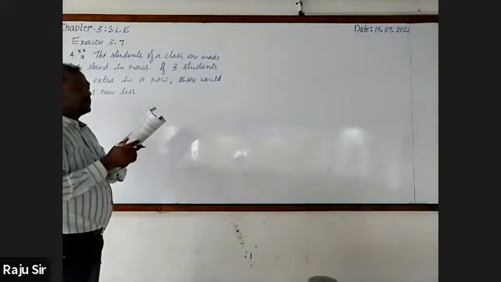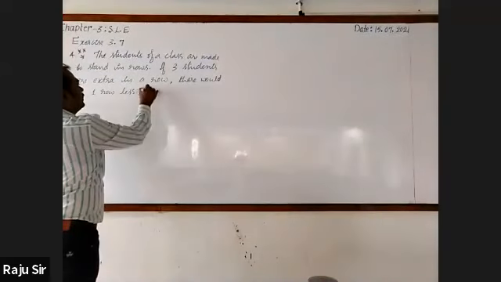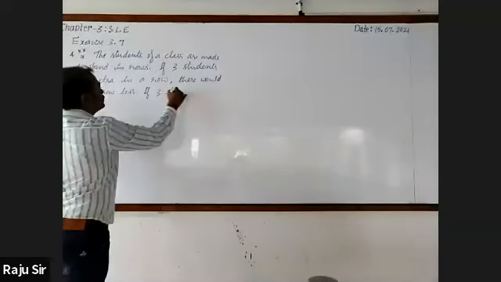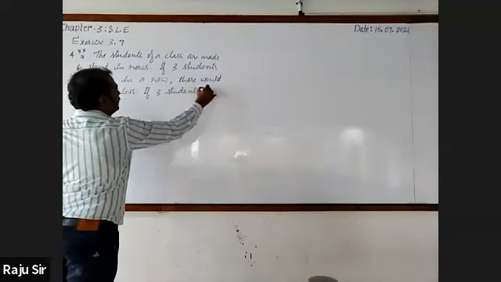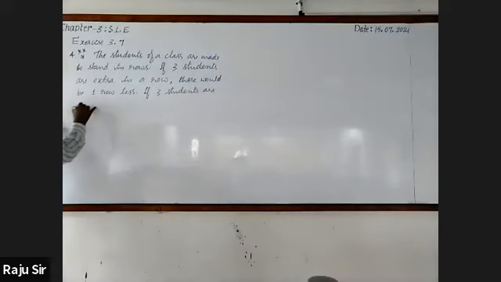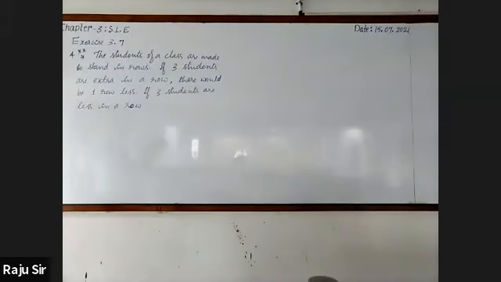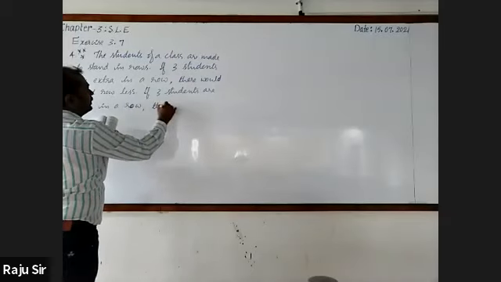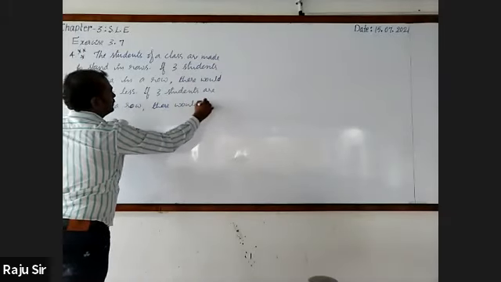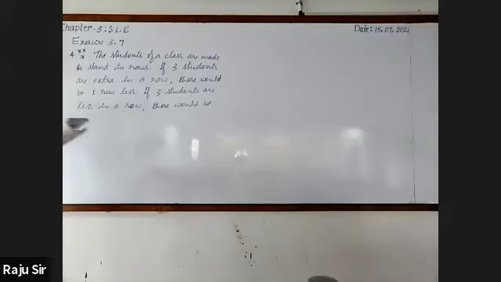Second situation. If 3 students are less in a row, put comma, there would be 2 rows more.